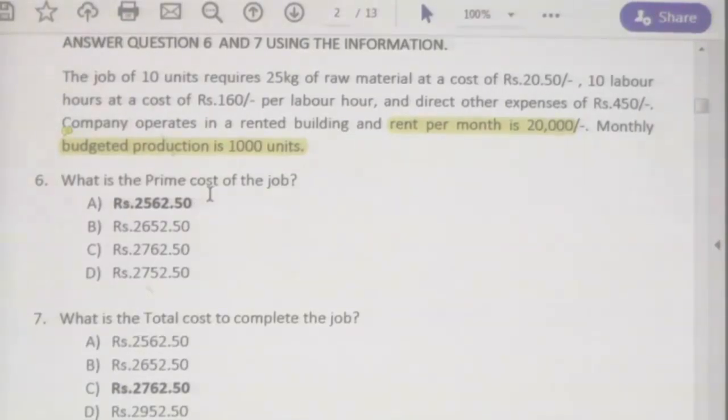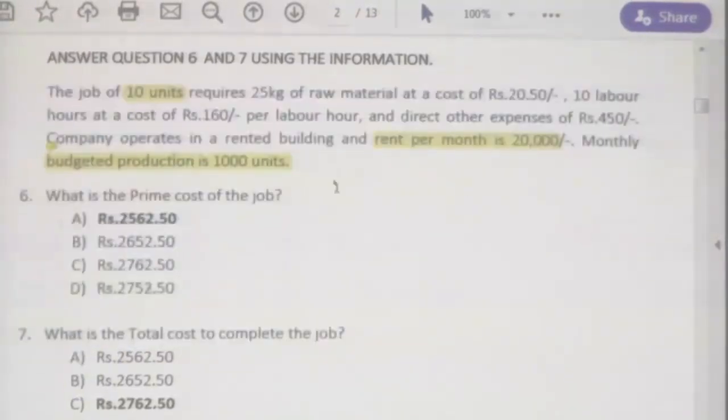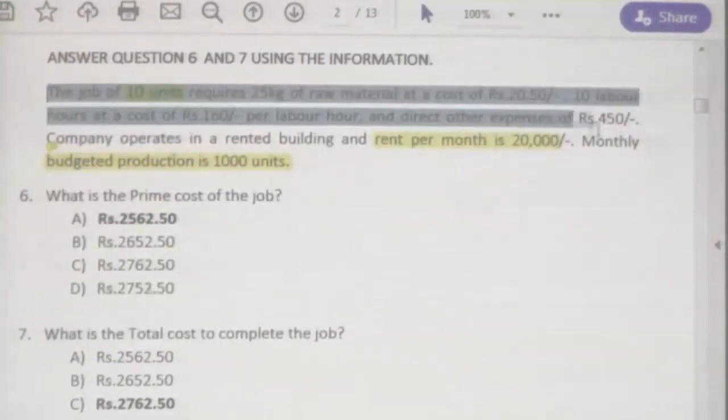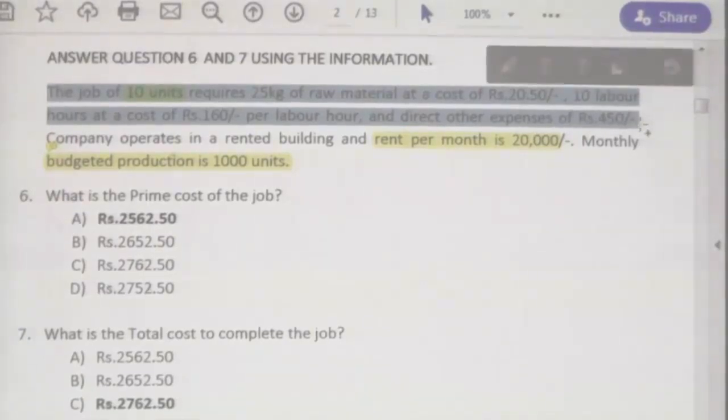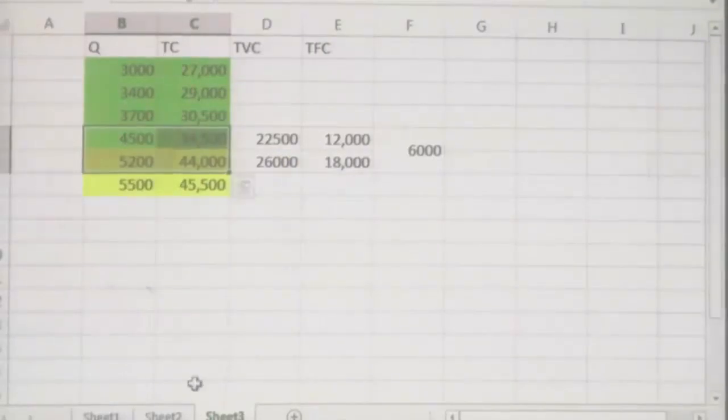What is the prime cost of the job? You need to calculate direct material of 10 units, direct labor of 10 units, and direct other expenses of 10 units. Let's calculate using this information, right? From this point to this point, you have the variable cost information. Let's take it into an Excel sheet.